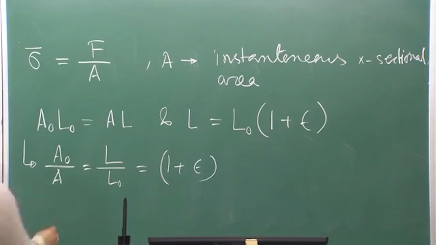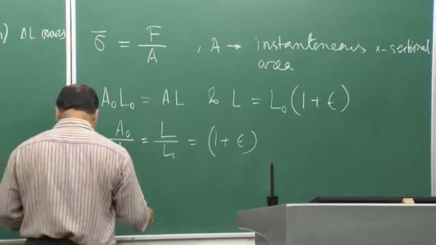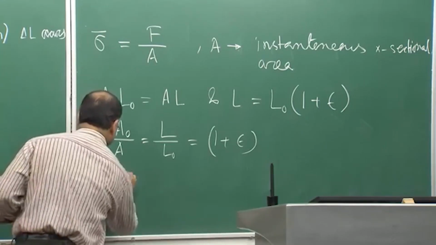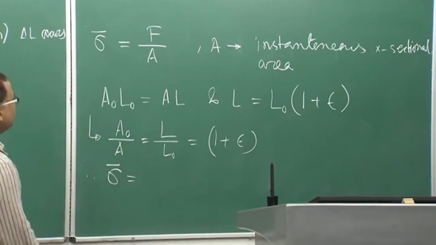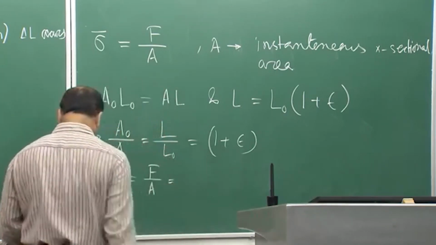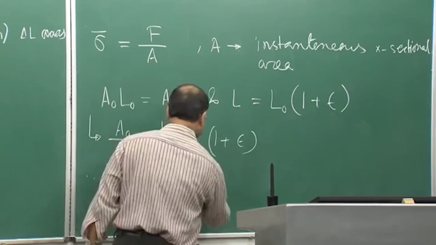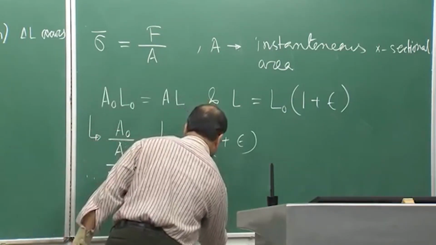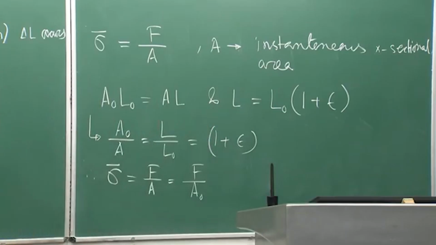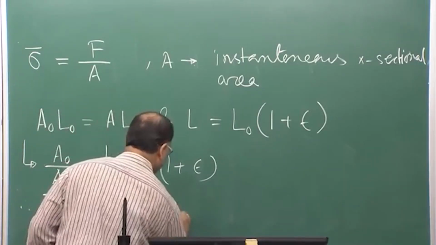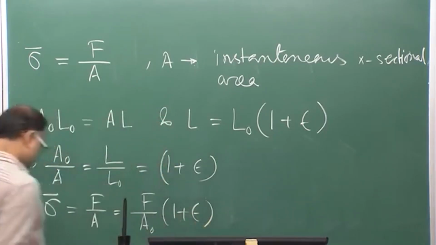From this I can simply write, now this is your true stress, therefore, true stress is nothing but F by A, can be written as, in place of A I am writing in terms of A naught, F by A naught into 1 plus epsilon.